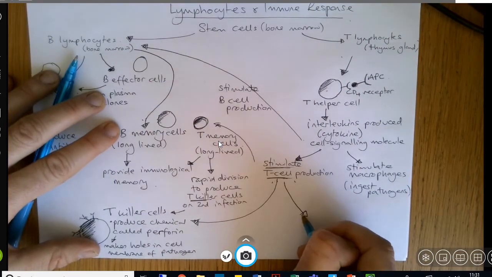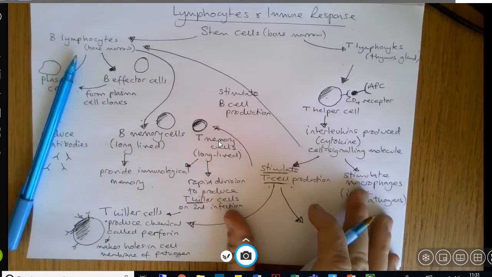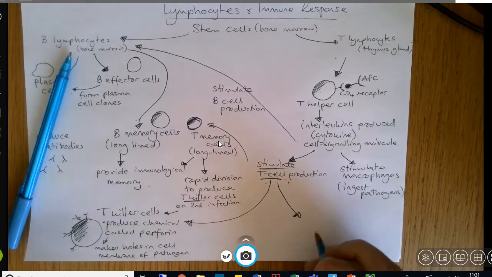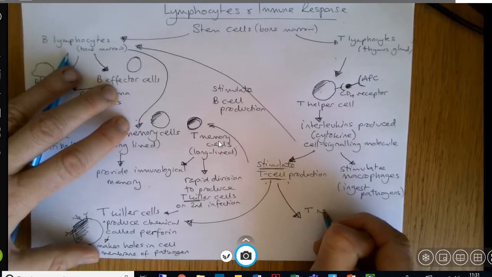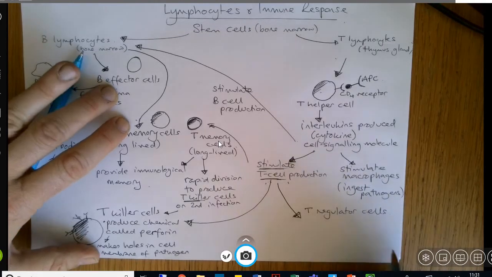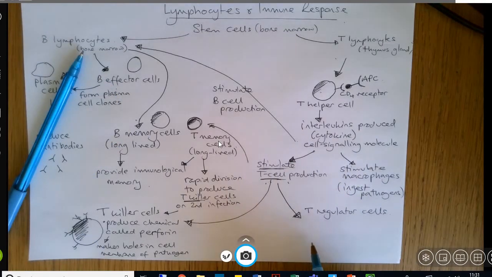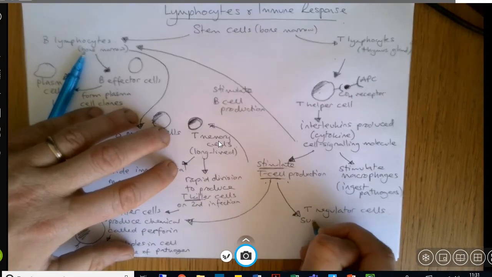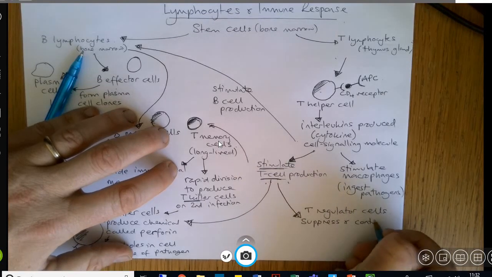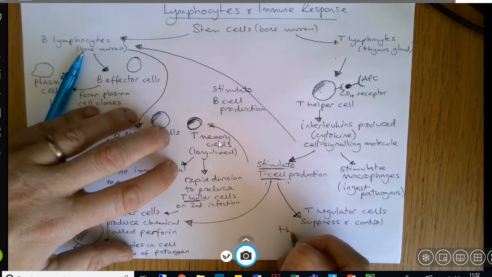The last thing, as part of this process, is perhaps the most important part in a way, and that is the T regulator cells. The T regulator cells are incredibly important, because they are what actually suppress and control the immune system.